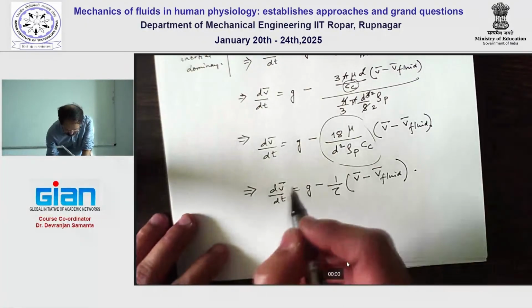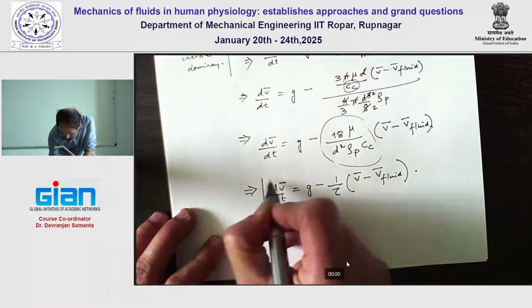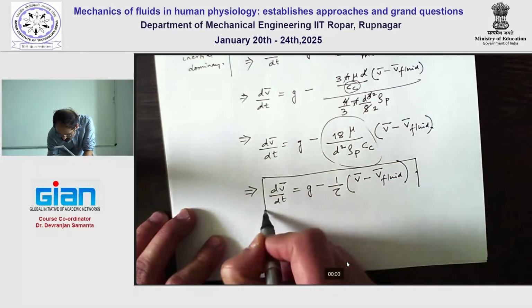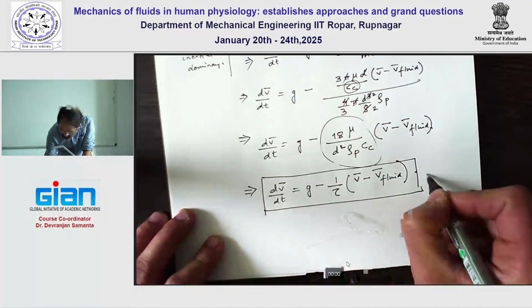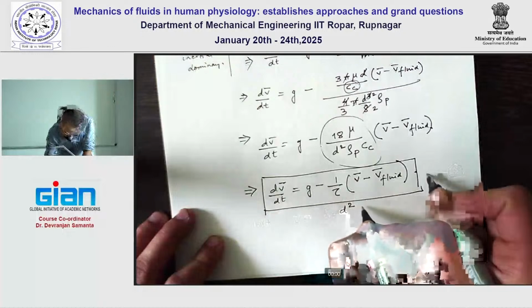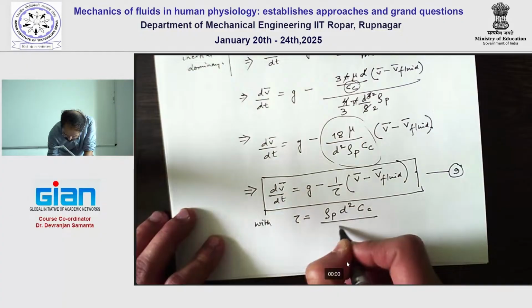So let's name this particular equation. So let's call tau equal to d square Cc over 18 mu.